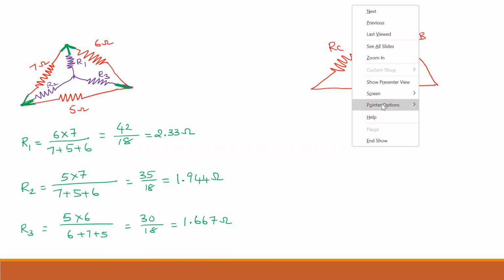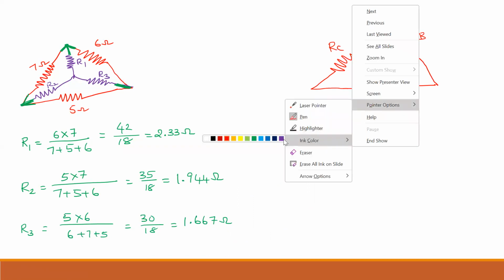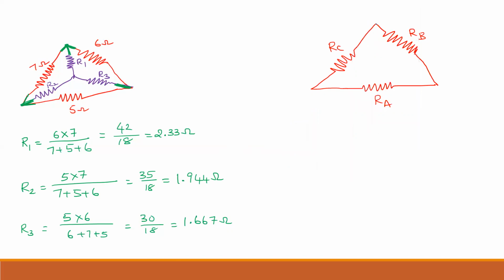RA, RB, RC are known values because I have the delta circuit. Now I'm converting into star. Let's discuss the formulas. So this is R1, R2, R3.